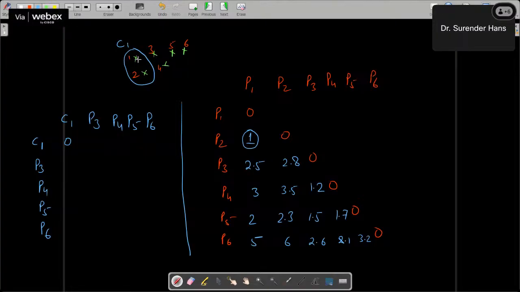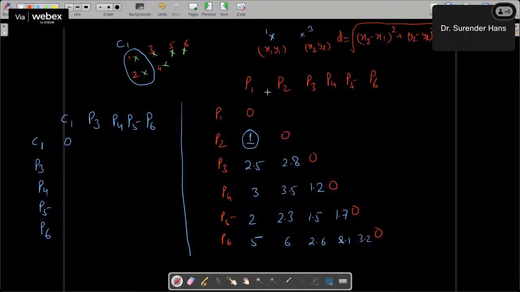Now you can ask one question here. The distance between two data points, let's say the first and the third data point, is easy: the Euclidean distance. Let's say one is (x1, y1) and the other is (x2, y2). The Euclidean distance is the square root of (x2 minus x1) squared plus (y2 minus y1) squared.